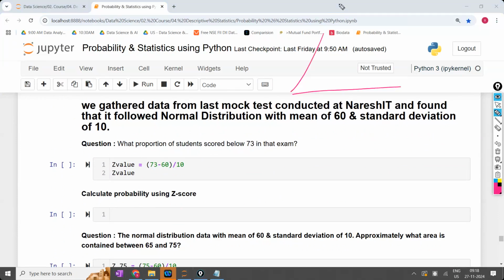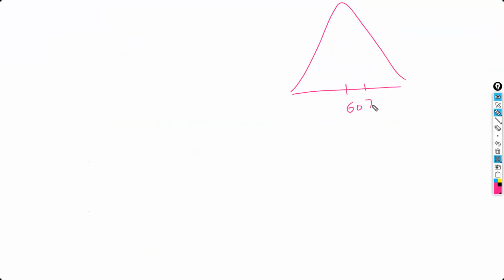A mean of 60 means the center value should be 60. With a standard deviation of 10, the right side values should be 60 plus 1 into 10, which is 70, 80, 90. Left side 50, 40, 30. Like this. Is the point clear?